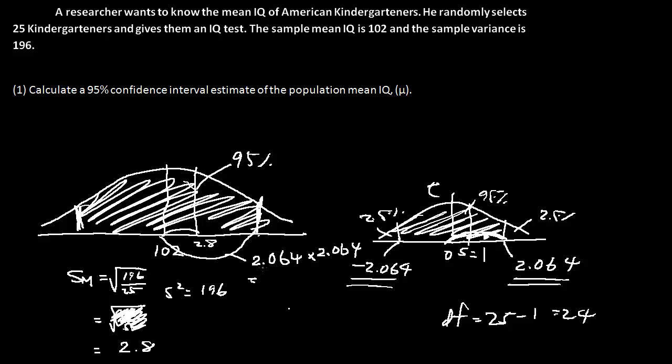which, if I use my super duper fast brain, 2.8 times 2.064, would be 5.779.